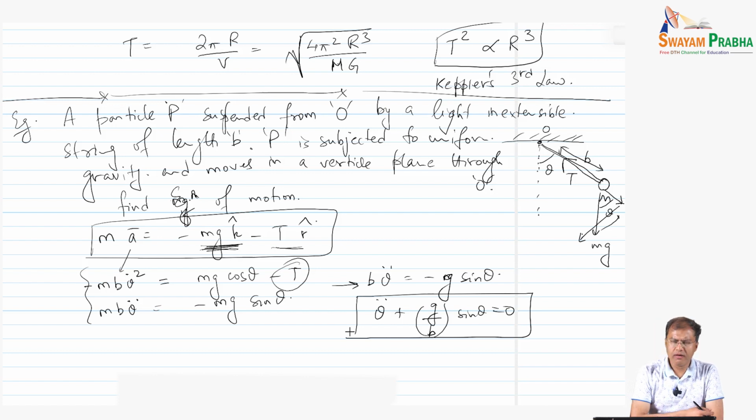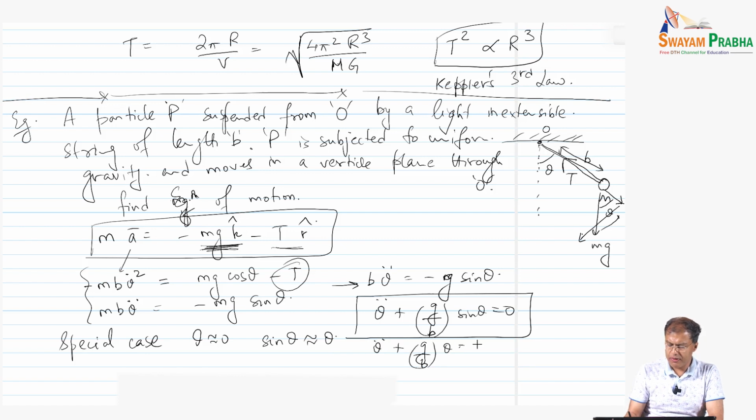Notice that we can quickly find a special case when theta is small. When theta is small, sin theta is roughly equal to theta, and what we have is theta double dot plus g by b theta equals 0.